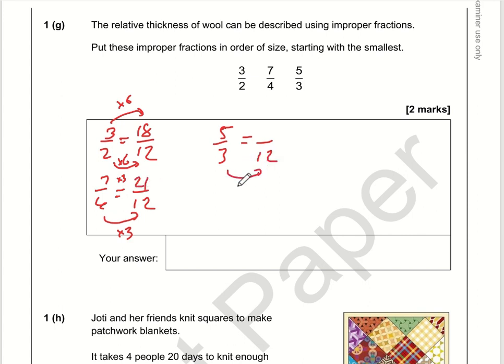To go from 3 to 12, we're multiplying by 4, so multiply the top by 4, we get 20. So we want the smallest, so which has got the smallest top number? Well, that is 18 over 12, so therefore 3 halves is the smallest. The next smallest, 20 is less than 21, so that is 5 thirds, and the biggest is the 7 quarters.